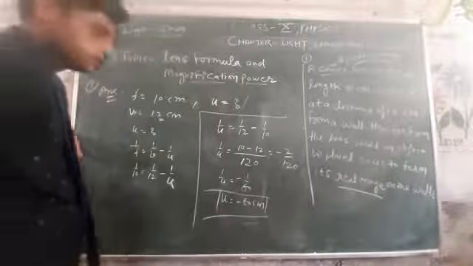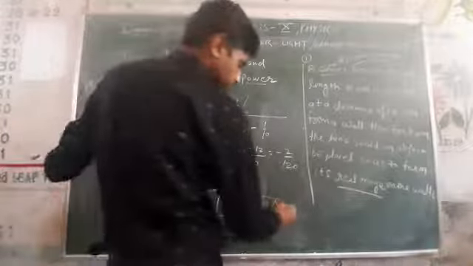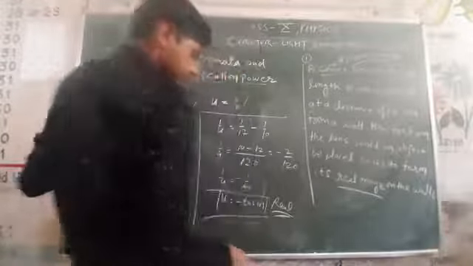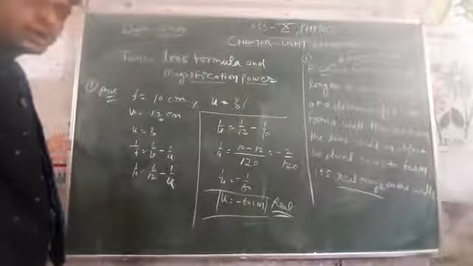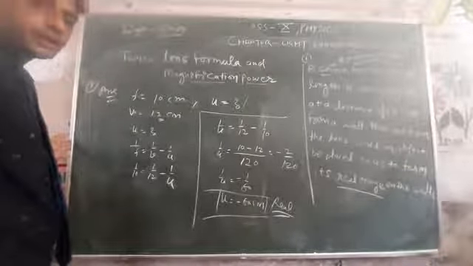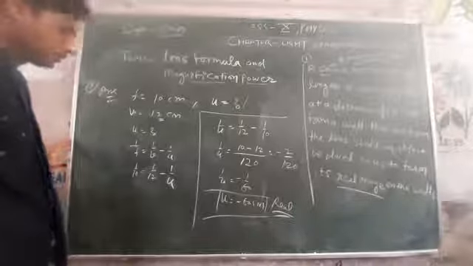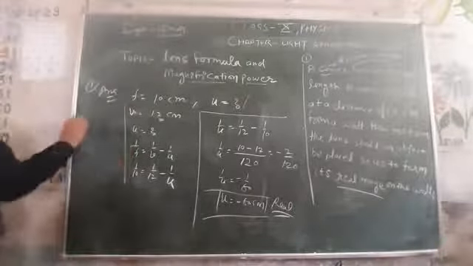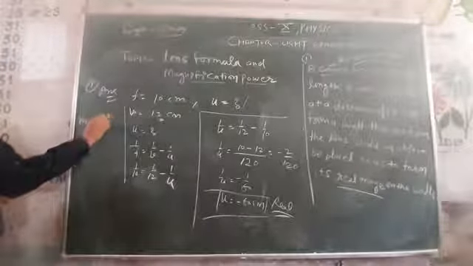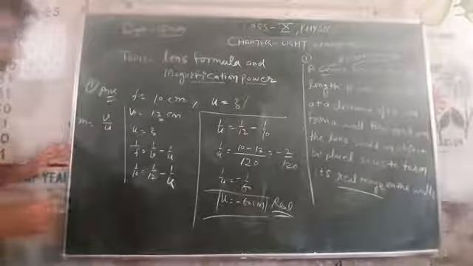The image is real, as you know. I can also find the value of M, the magnification power, by using the values of v and u. M equals v upon u.